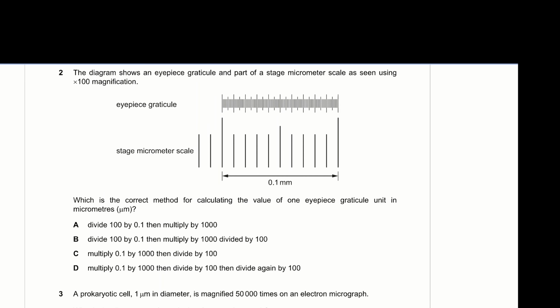The diagram shows an eyepiece graticule and part of a stage micrometer scale as seen using 100 magnification. Which is the correct method for calculating the value of one eyepiece graticule unit in micrometers? So the first step that we have to do is convert this millimeters into micrometers by multiplying by 1000.